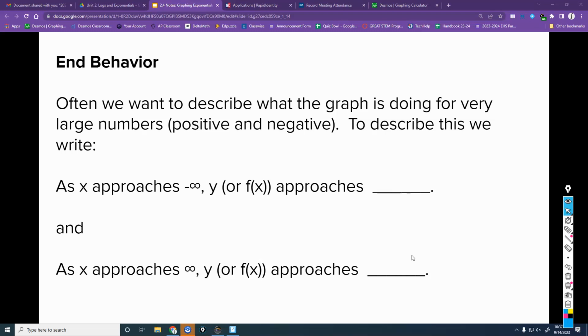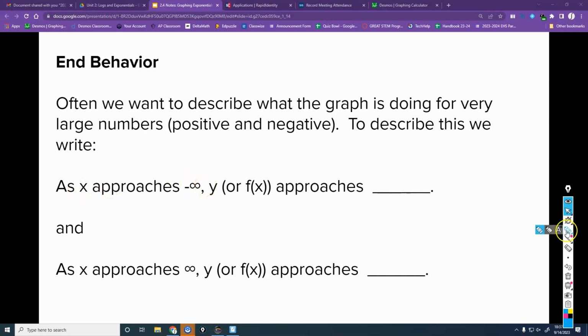So what we're sometimes interested in finding is what happens for really big numbers at the ends of the graph, when you go towards infinity or towards negative infinity. We might be interested in seeing what happens for really, really big numbers. To describe this, we would say as x approaches negative infinity.